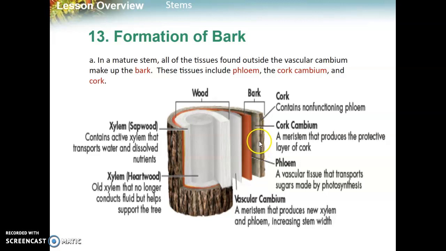And on the outside of that, it's making what is called cork, which is, as it says here, non-functioning phloem. It's tubes that are plugged and not doing anything on the outside of that. But all of this area from the phloem out are all part of what is called the bark of the tree.